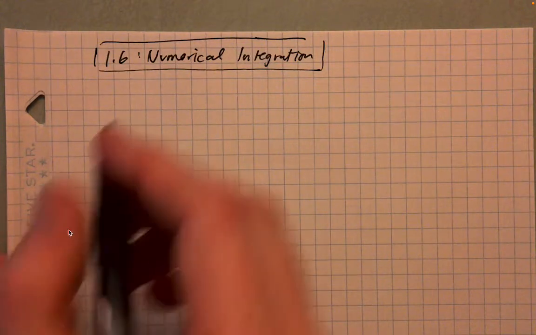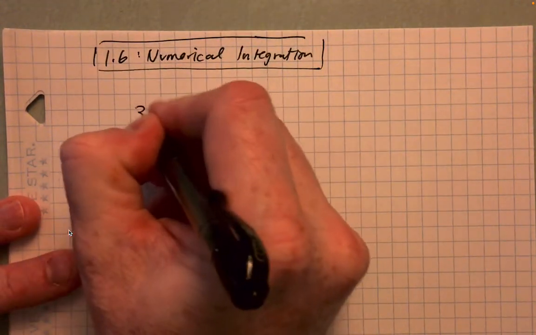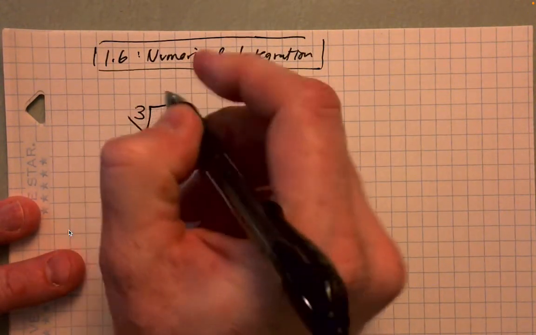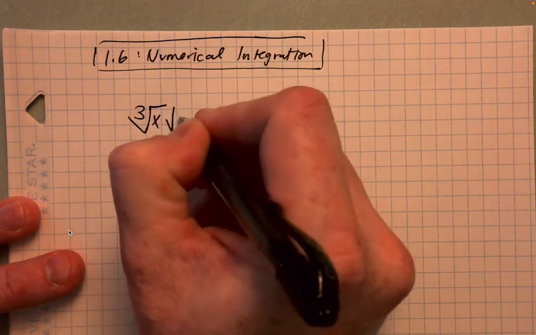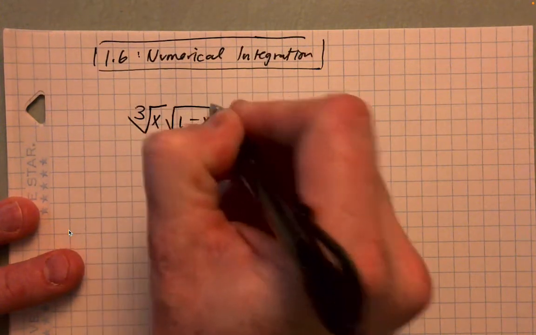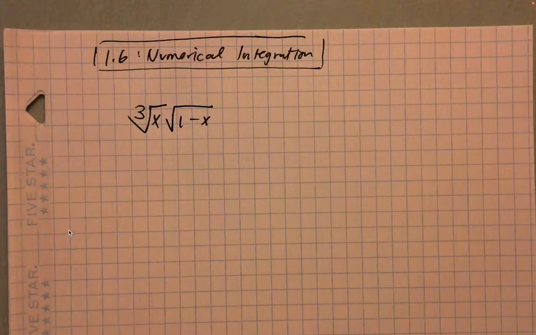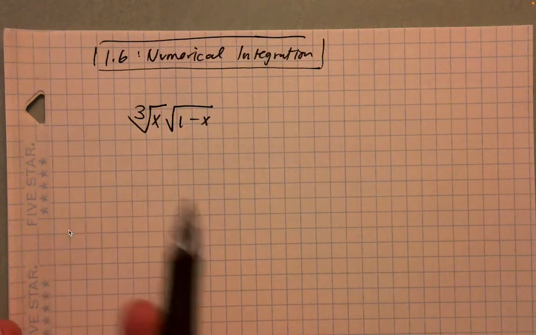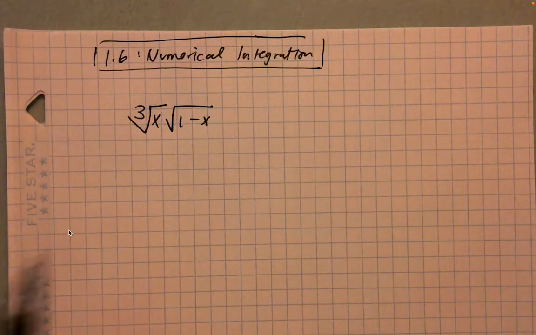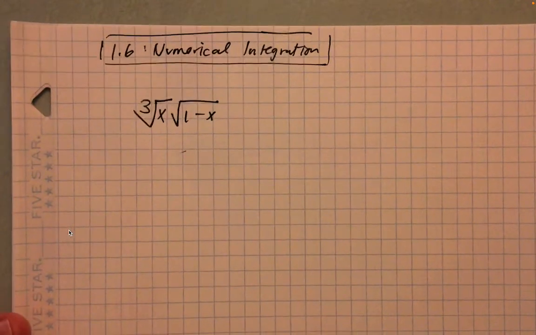For example, here's one: cube root of x times the square root of 1 minus x. There are no elementary functions that have this as their derivative.